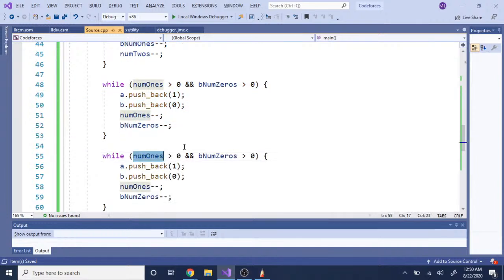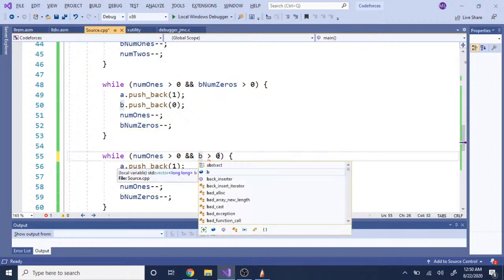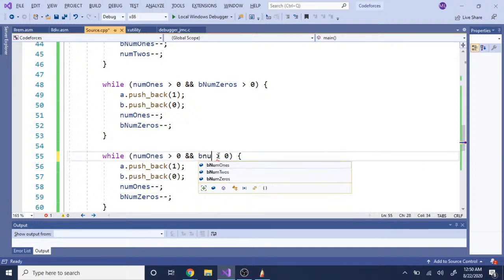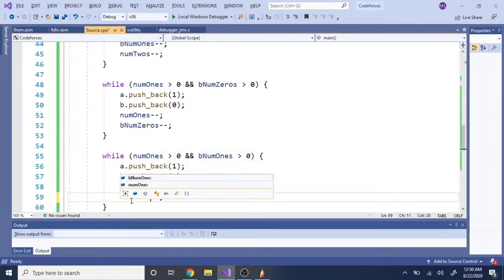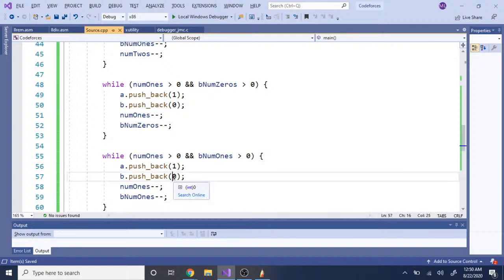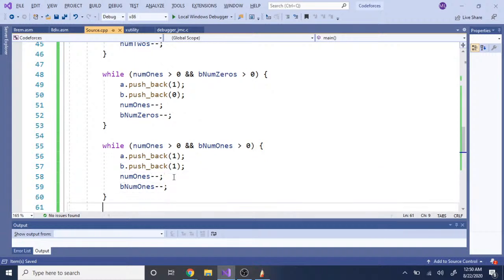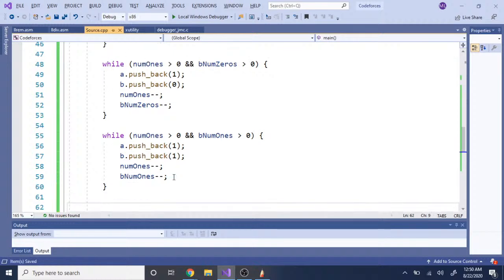If we're done with all the 0's, we have to do the number of 1's. Num B, num 1's. We're going to push a 1. Both, we don't want to push a 2, because that would be bad.